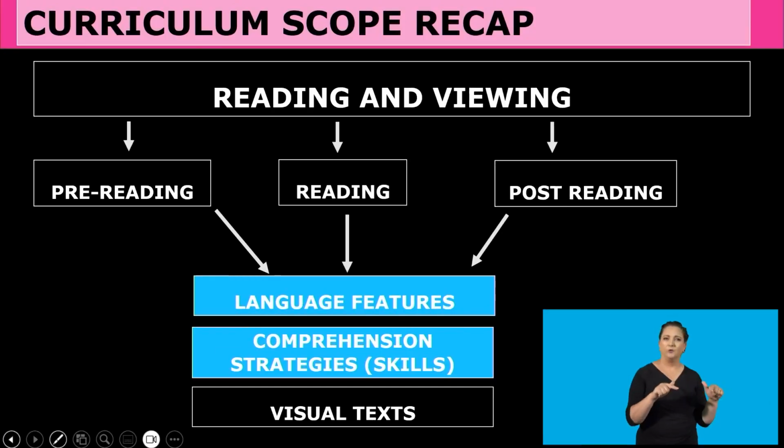Learners, welcome back. We will now be wrapping up our session and reviewing what we've covered, all right? So remember, we focused on language features in this lesson, and we also focused on comprehension skills. Now remember, the reason why we included comprehension skills is because you had to read your question, comprehend or understand what you're reading in order to respond to the questions that is being posed to you, all right?